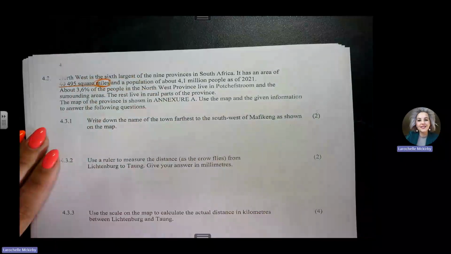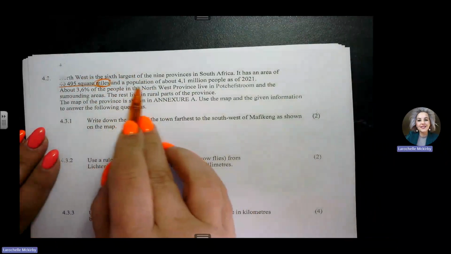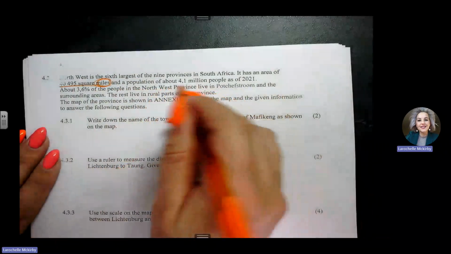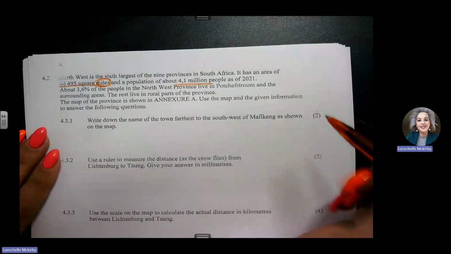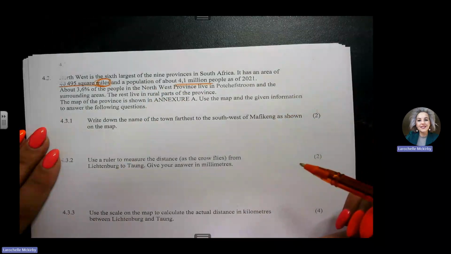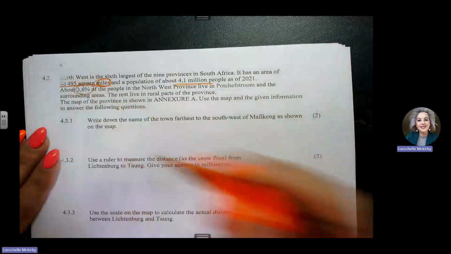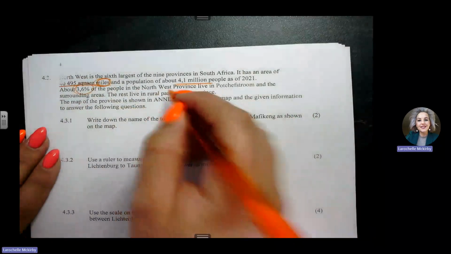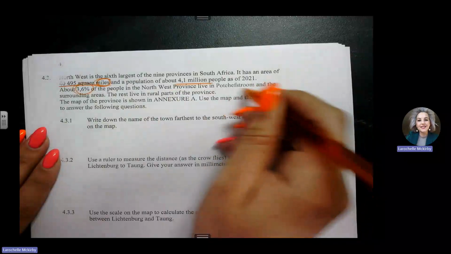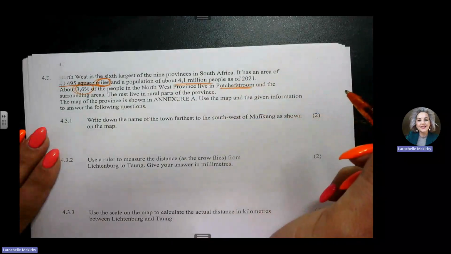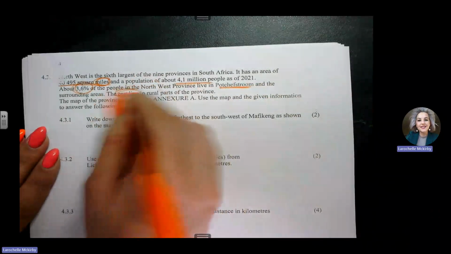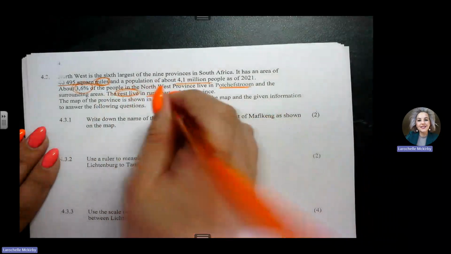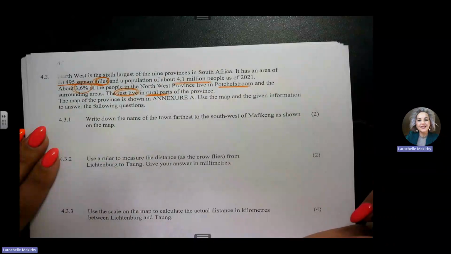This is quite weird, miles. A population of about 4.1 million people as of 2021. About 3.6% of the people in the Northwest Province live in Potchefstroom and the surrounding areas. The rest of the people live in the rural parts of the province.